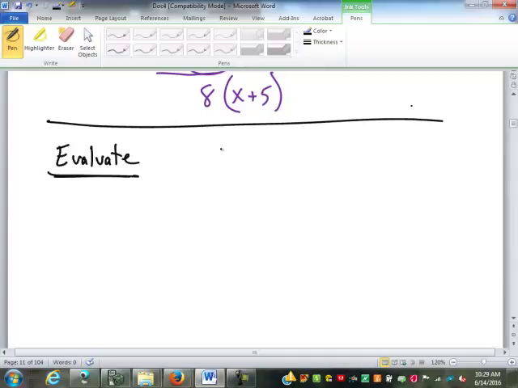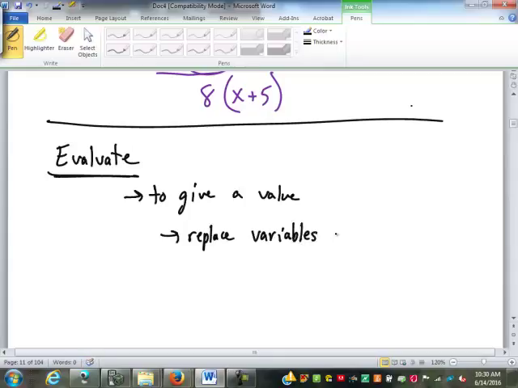That keyword evaluate is telling us to do this next process. Evaluate means to give a value, which usually means you're going to replace letters or variables with numbers.